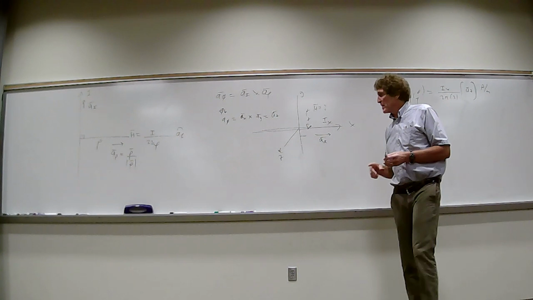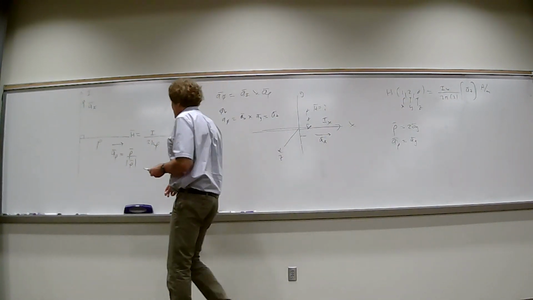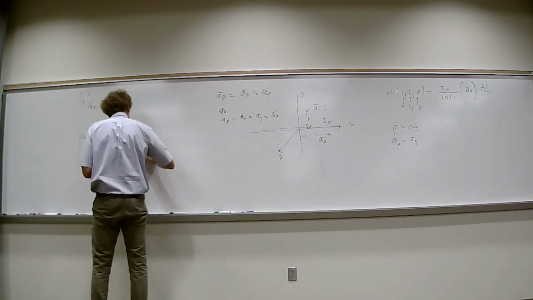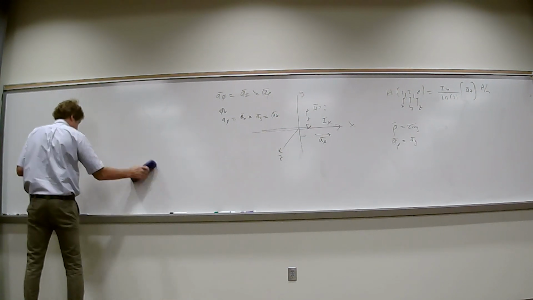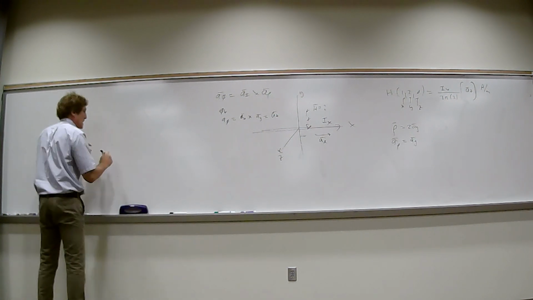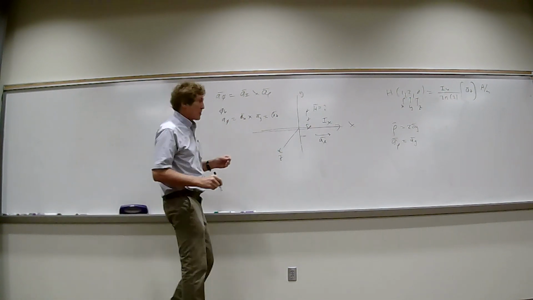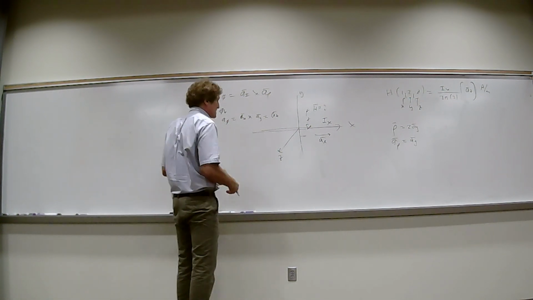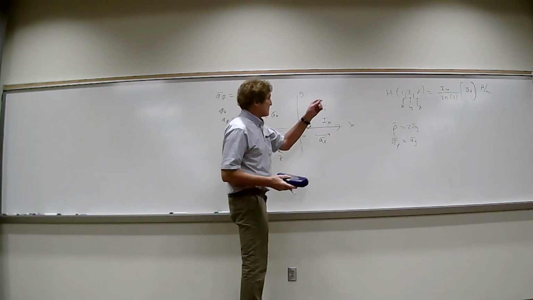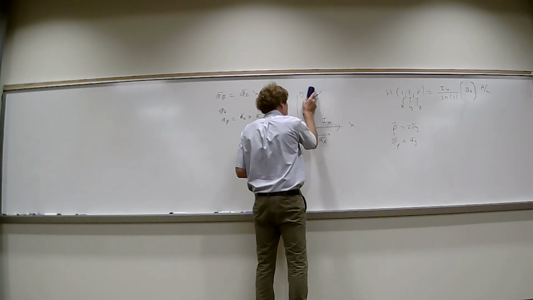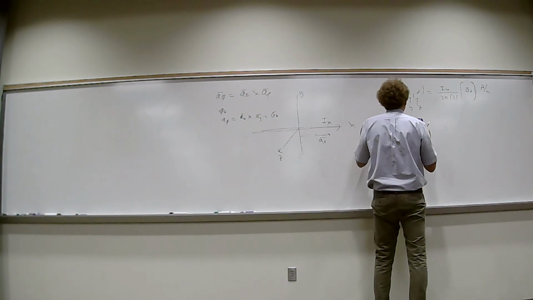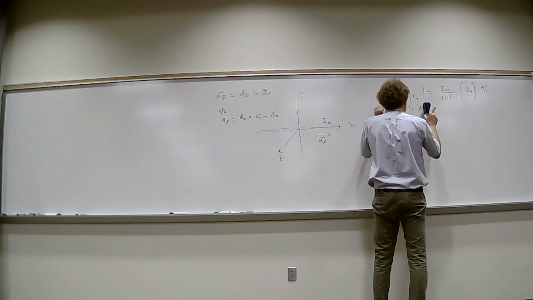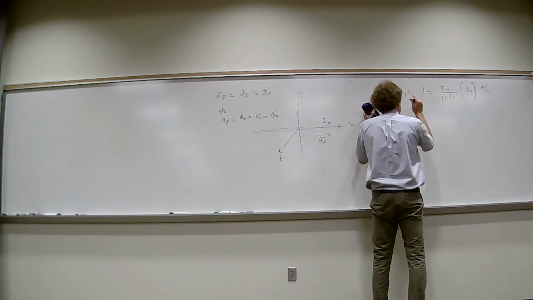Now you tell me, I'm going to come over here and erase this. So what would happen if I had this same current configuration, but instead of wanting the H field at that point, now suppose I make this 1, 2, 3?